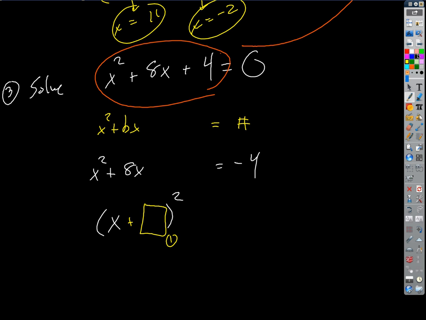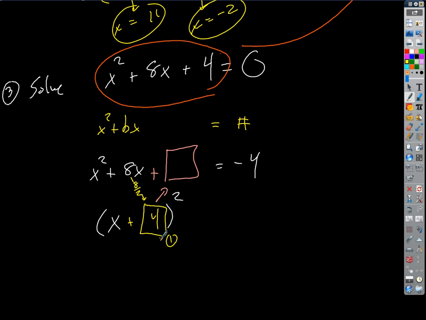And then once I know what that square is, I know what goes in that square, right? Okay, so based on the value of b only, if b is 8, what is my perfect square factor going to be? It's going to be a 4, isn't it? It's going to be half of 8. So step 1 is we're going to divide 8 by 2 to give us a 4 there, right?